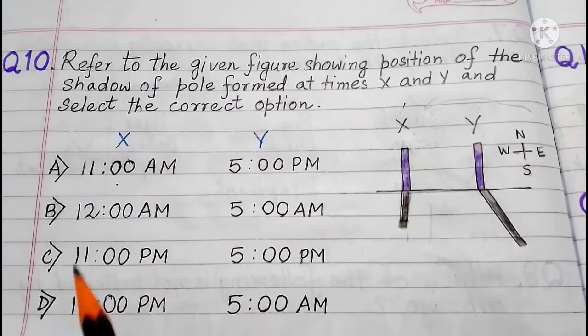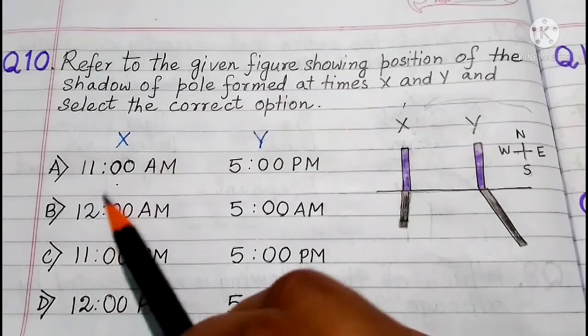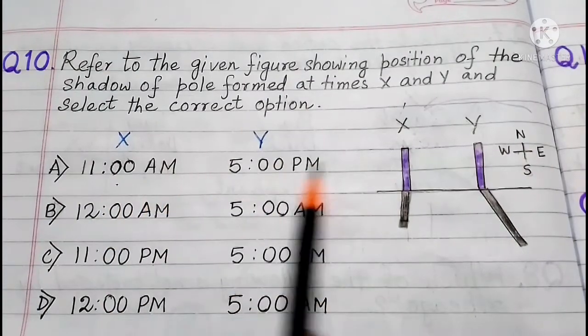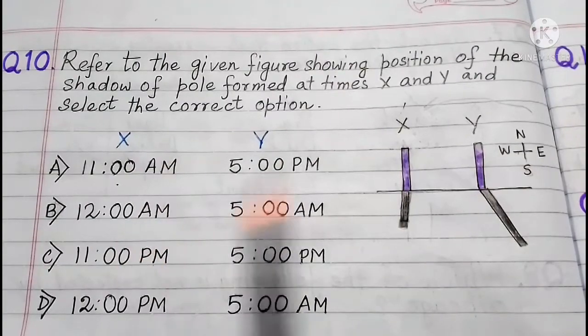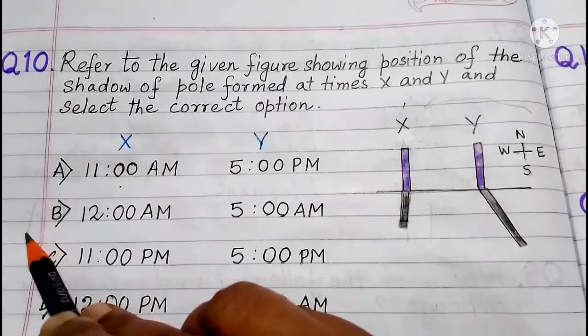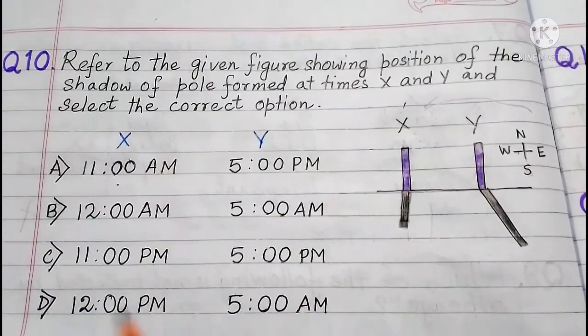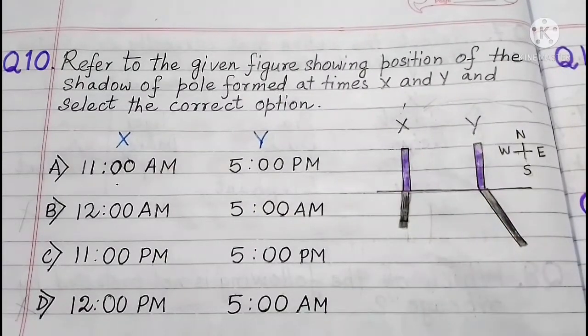So let's see the options which match with this. So it is 11 a.m. and 5 p.m., X 11 a.m., Y 5 p.m. 12 a.m., no, 12 a.m. option will not be there. All the options with 12 a.m., let's cancel them. So 12 p.m. is also not there, I think it should not be there.